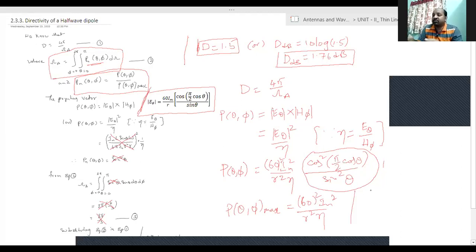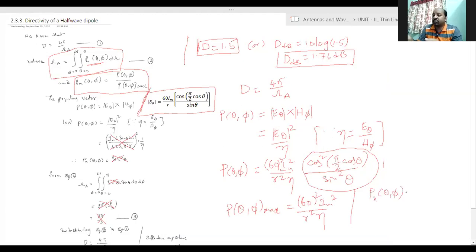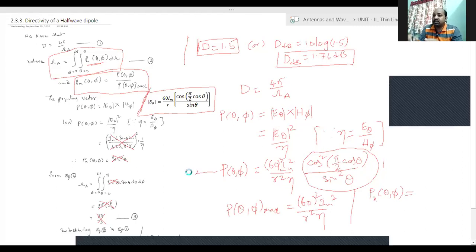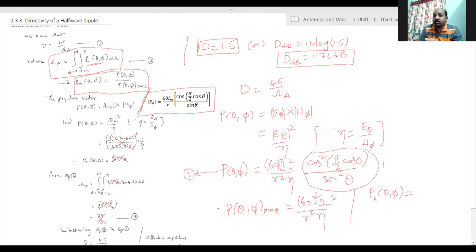So therefore, what is the normalized power pattern? Let us say this is equation 1 and this is equation 2. Equation 1 divided by equation 2 is nothing but the normalized power pattern. So what will we get here?